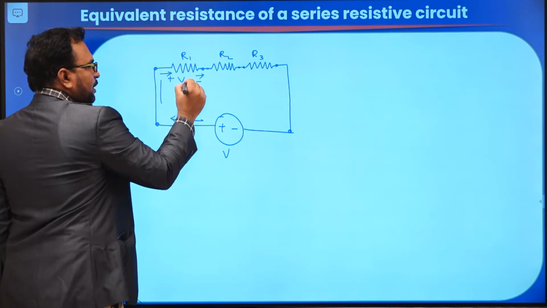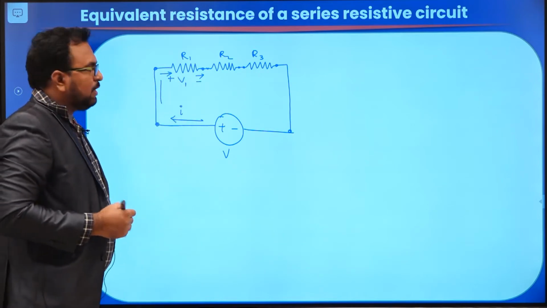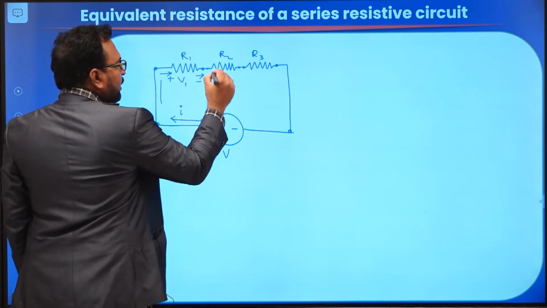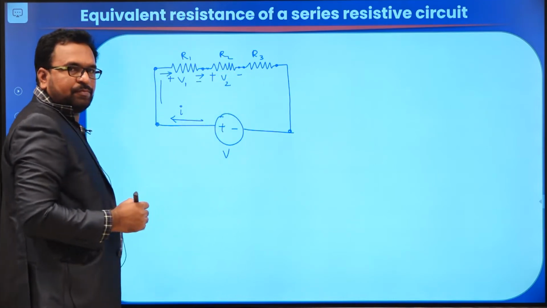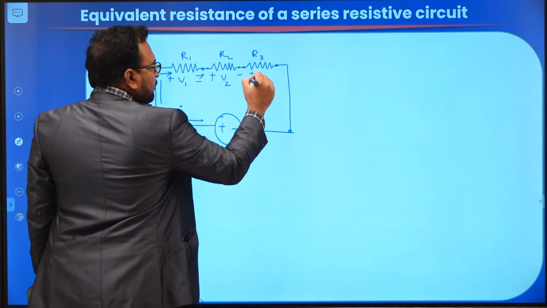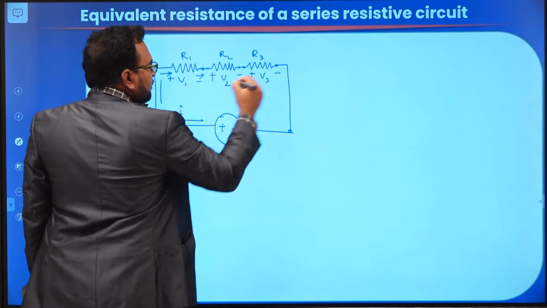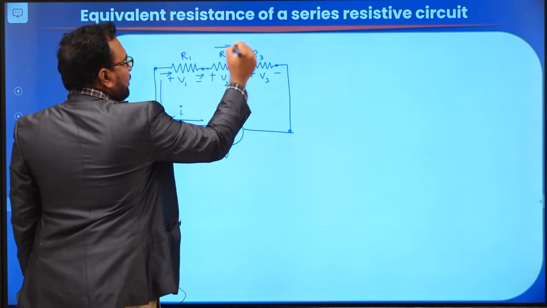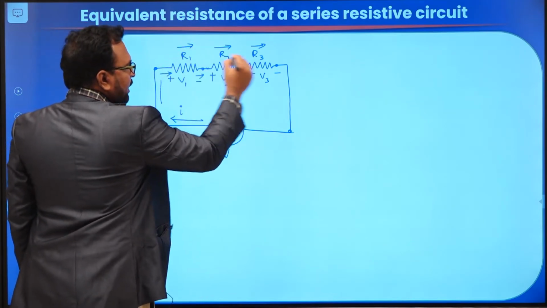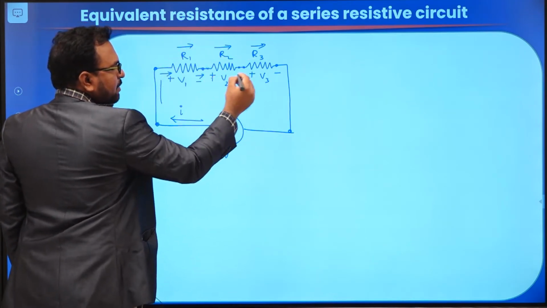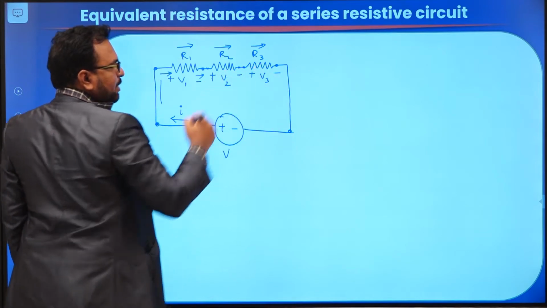Let us say the voltage across R1 is V1. Similarly, here plus and minus for V2. And here the terminals are plus and minus like this, because the current enters the positive terminal of each resistor, similarly plus and minus here.